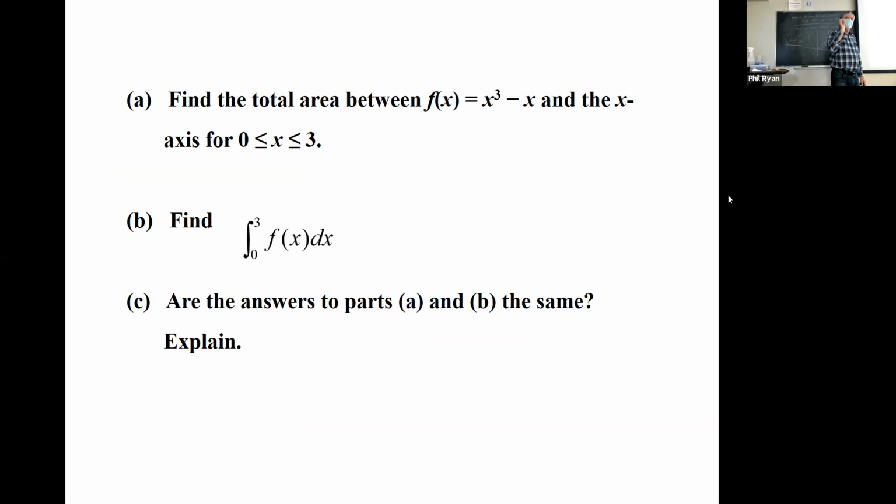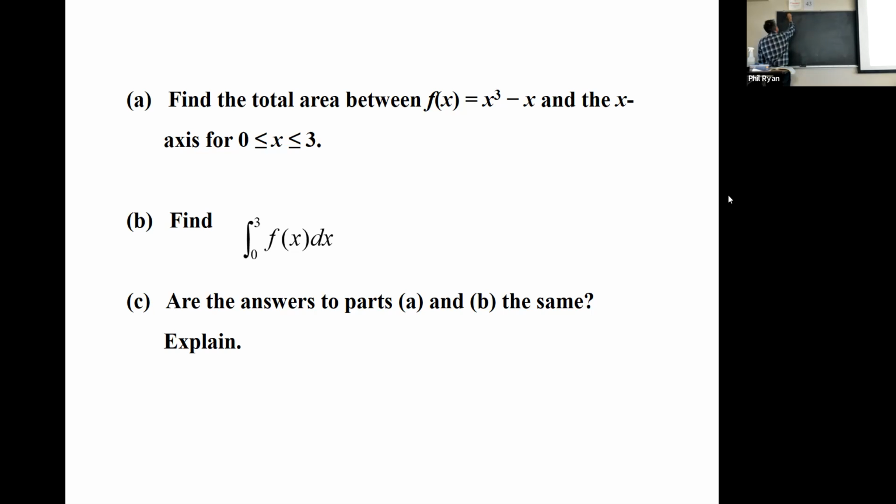So here's a little problem that's going to just illustrate the difference between integral and area. To be able to make sense of this, we're going to have to draw this function.